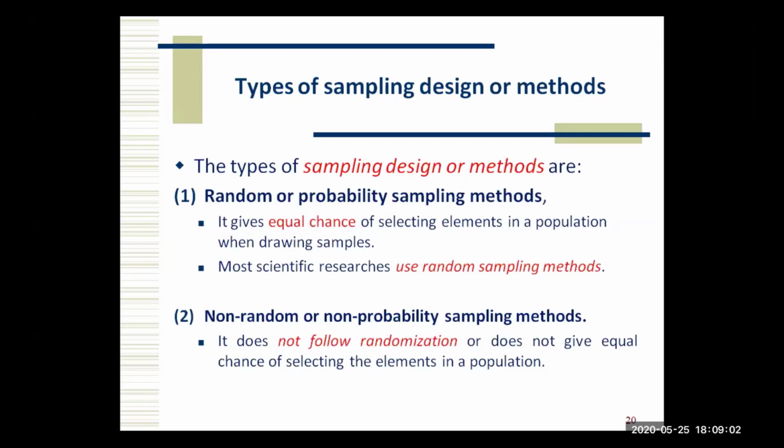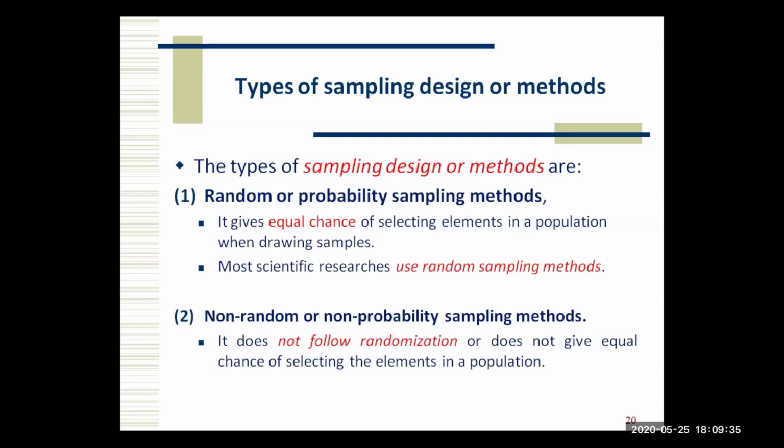The types of sampling design and methods could be classified in general into two parts. The first one is random sampling or probability sampling methods. The second one is non-random or non-probability sampling methods. The distinction between the two is that random or probability sampling methods apply statistical methods, and determine the sample by giving equal chance of selection to all elements.